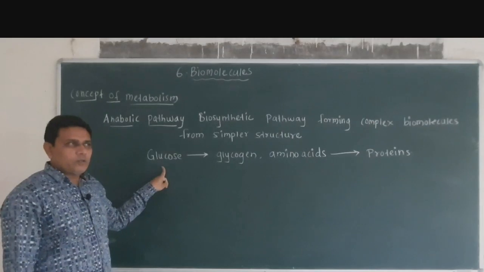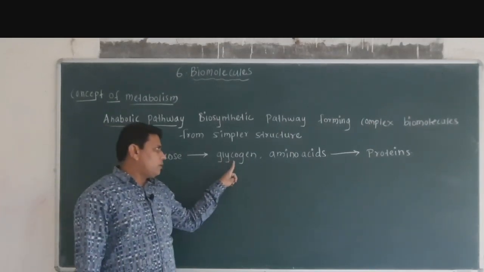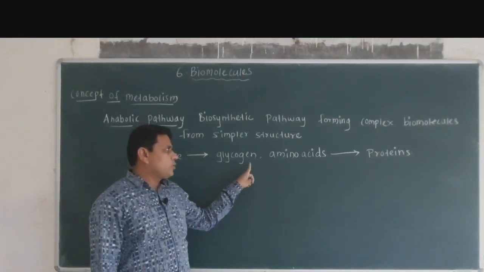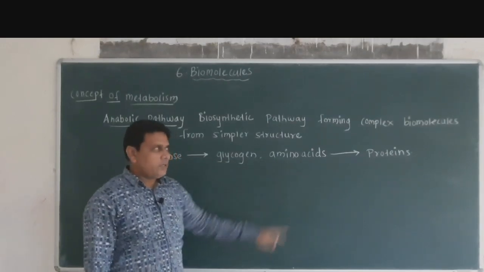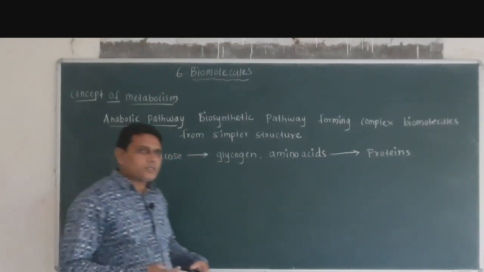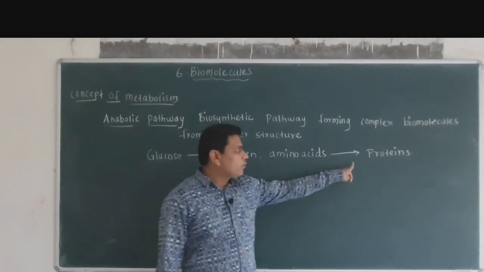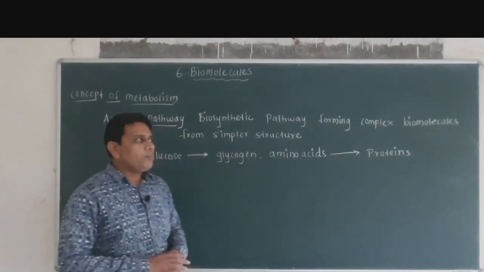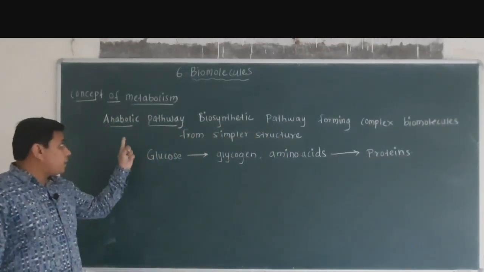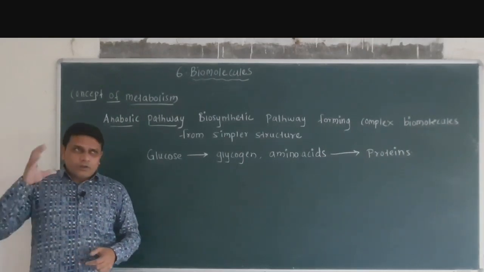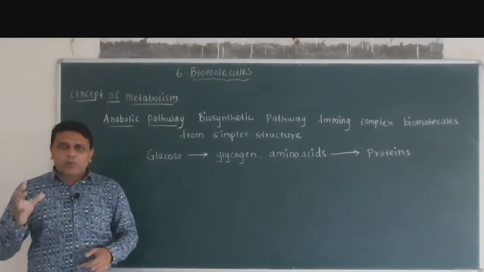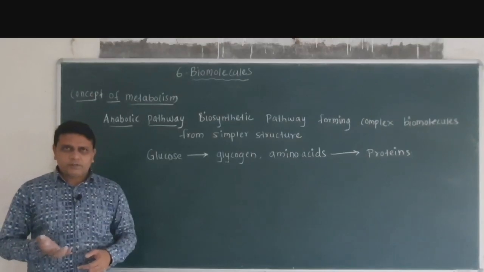Example, glucose is converted into glycogen or amino acids. Then amino acids come together to form proteins. So in anabolism, complex substances are produced from simpler ones.